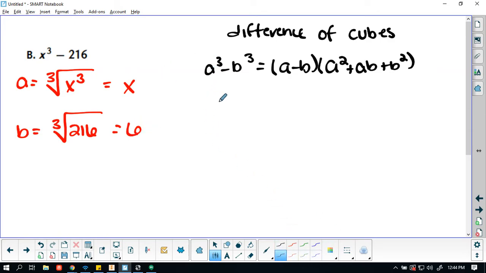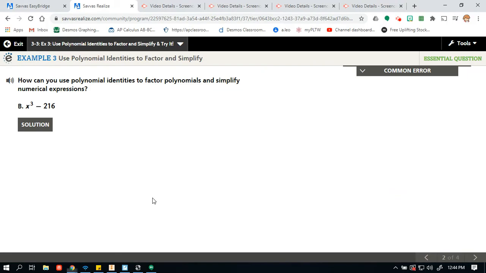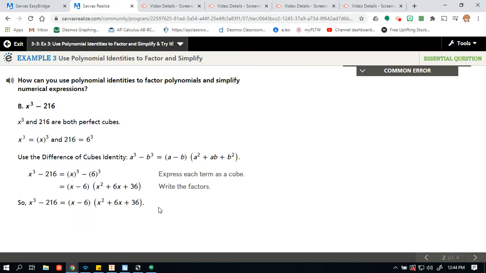So x cubed minus 6 cubed equals x minus 6 times x squared plus 6x plus 36, because 6 squared is 36. There we go: x minus 6 times x squared plus 6x plus 36.